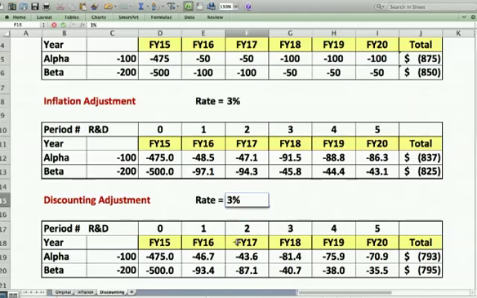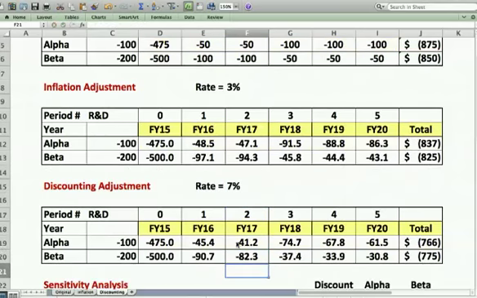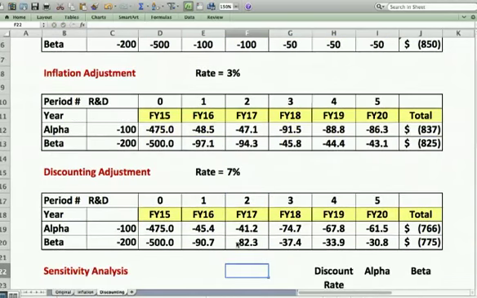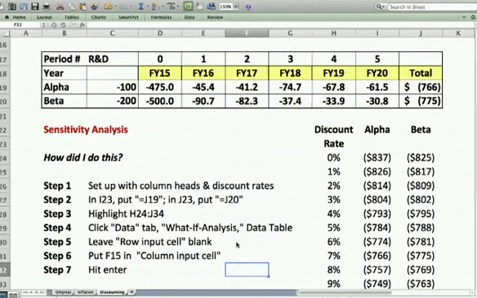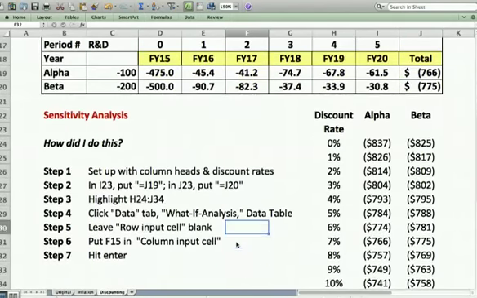So if we did a 3% discount rate, now suddenly we get to the point where alpha is more expensive, right? And in fact, I probably should have asked about 3%, but we can actually down here at the bottom do it for a number of different discount rates. And I showed you here how to do sort of a sensitivity analysis.